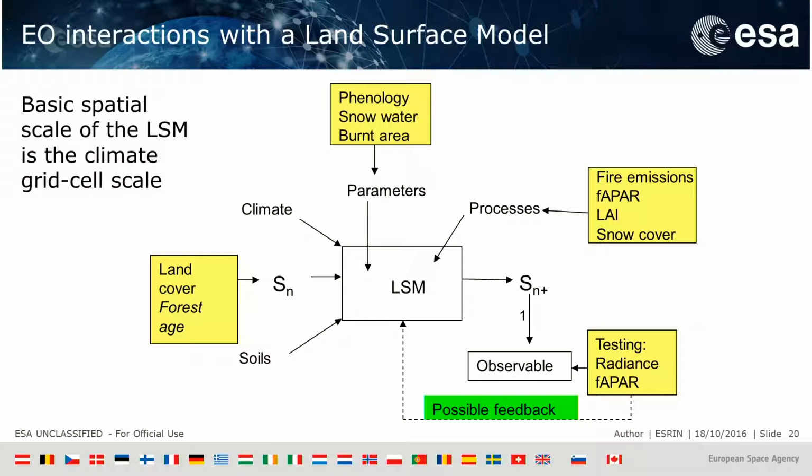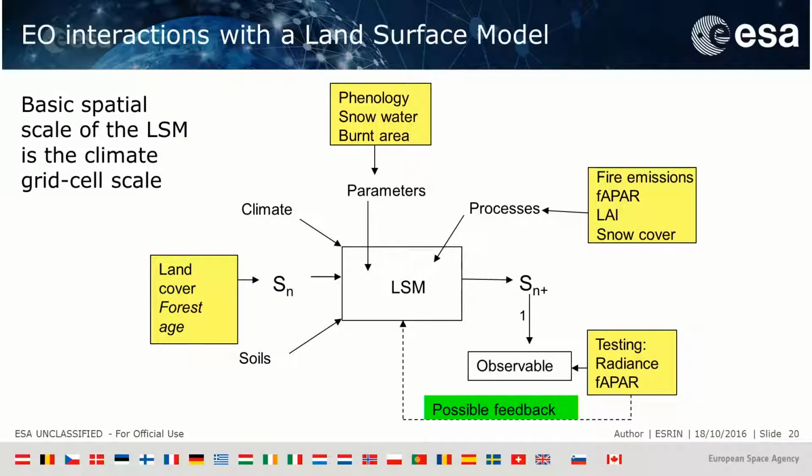So when does vegetation switch on in spring? You may want to parameterize how much water is turned into snow from precipitation, or burnt area. For processes, you might look at things like absorbed photosynthetic radiation, or SIF if you prefer, or leaf area index, or snow cover, or fire, and so on. Okay, and you may be able to feed these back.